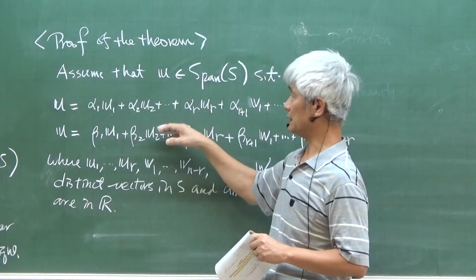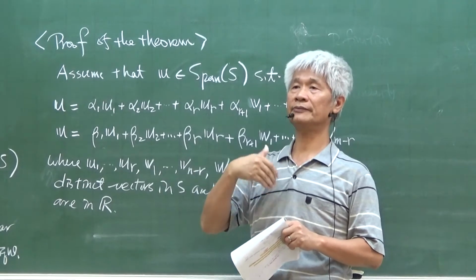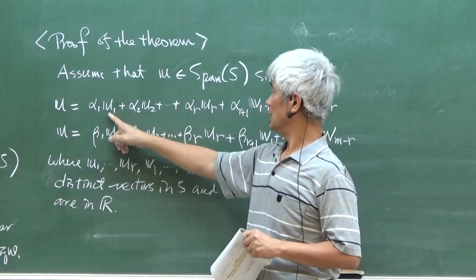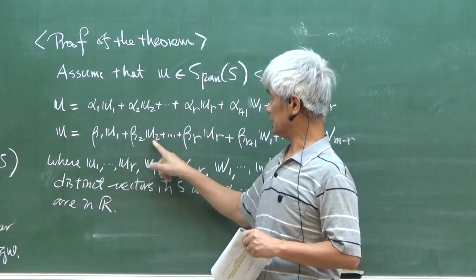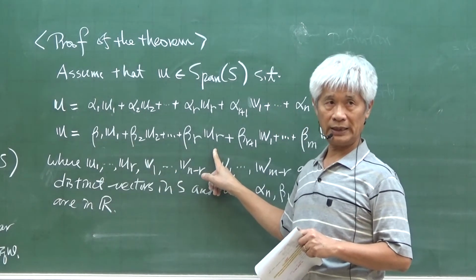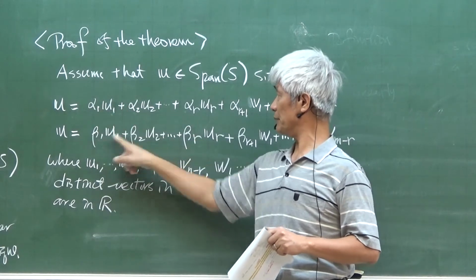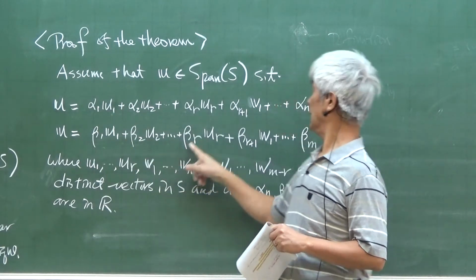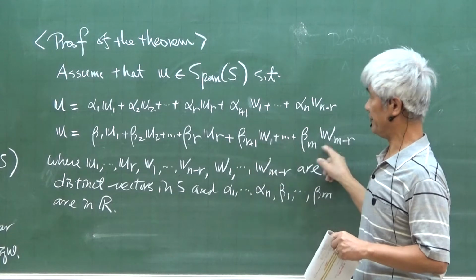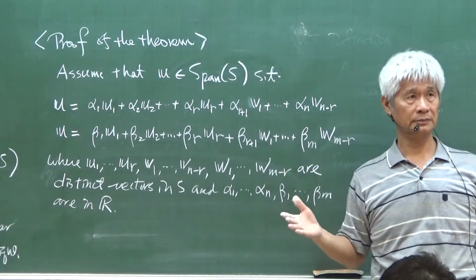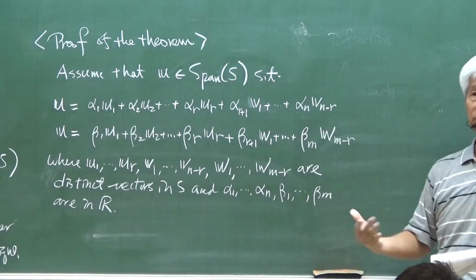So here I account for the same vectors. They may have the same vector here, but with maybe different coefficients. And the rest of the vectors are all different. So this is the most general situation.